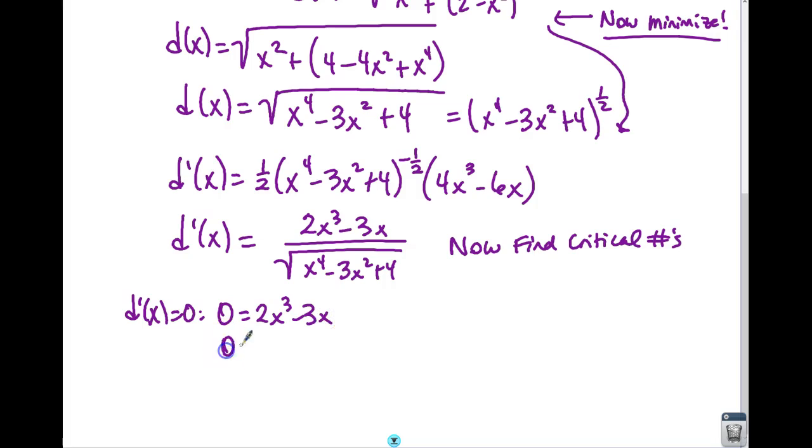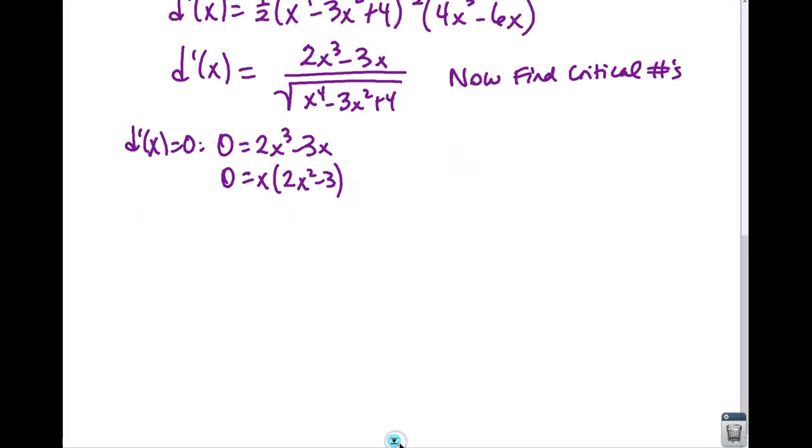So I can take out an x: x times 2x squared minus 3. And then x is equal to 0, or x squared is equal to 3/2. So x is equal to plus and minus the square root of 3/2. Again, you can always rationalize that if you want to. Nah, you know me. I don't feel the need to do that sometimes.